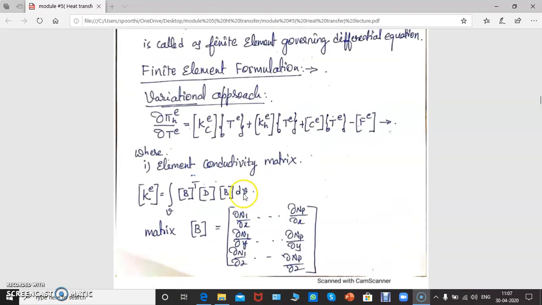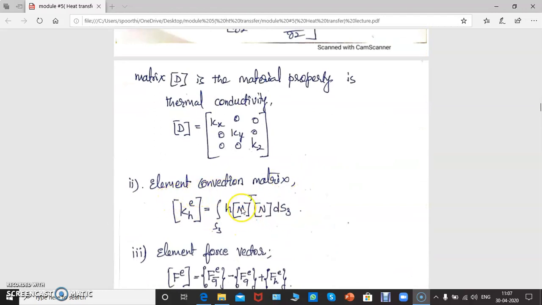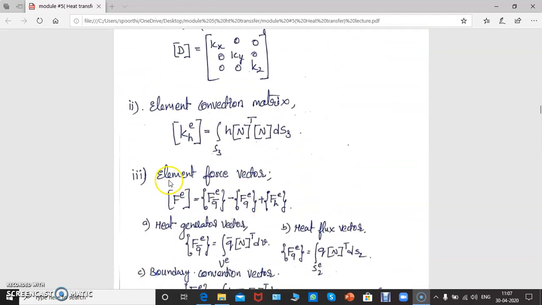So, you can see here one is the element conductivity matrix, the element convection matrix, and there is one called the element force vector. This is also called the heat rate vector, and it is also called the load vector.